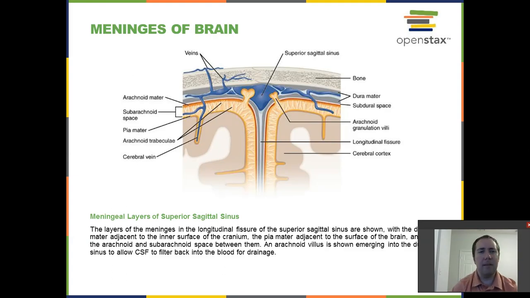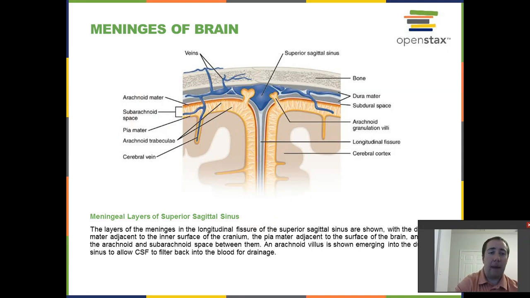Here we have a little bit different alignment. The pia mater is still like saran wrap, following all the little folds of the cerebrum. It goes down inside the longitudinal fissure and then comes back up the other side. Above that, we have the arachnoid mater, which also goes down into the longitudinal fissure, but is not tight on the cerebrum.